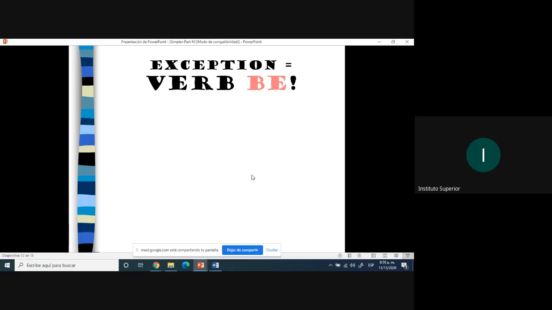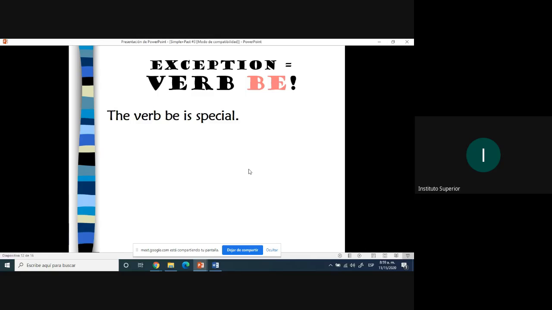Now, in here, it said that we have a section with the verb be. The verb be is special. Listen up. Remember that we're talking about the simple past. Pero ese verbo be es inadaptable, ¿verdad? Él no se adapta fácilmente a cualquiera de los tiempos gramaticales.